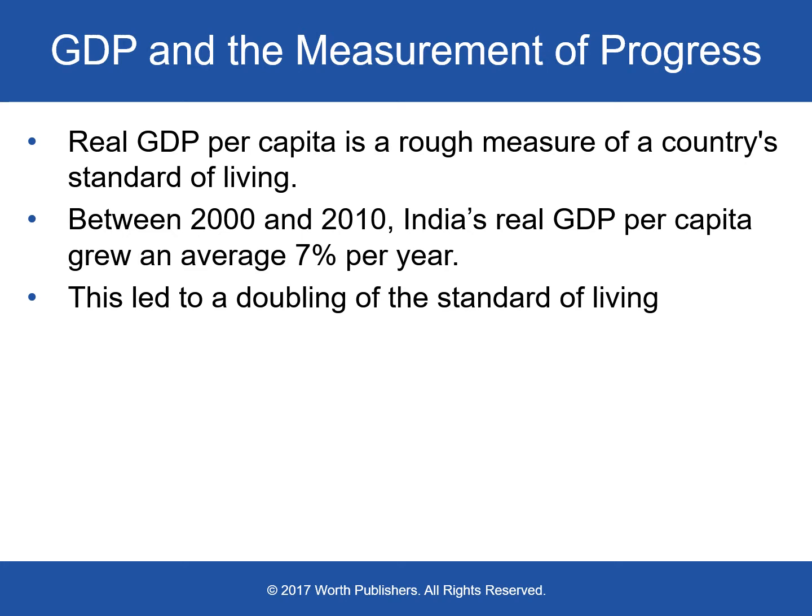Now, just to give an example of how GDP is really informative, take, for example, what happened to India's real GDP per capita between the years 2000 and 2010. Real means you adjust for inflation, and per capita means per head. So real total production per person grew at an average rate of 7% per year for 10 years.